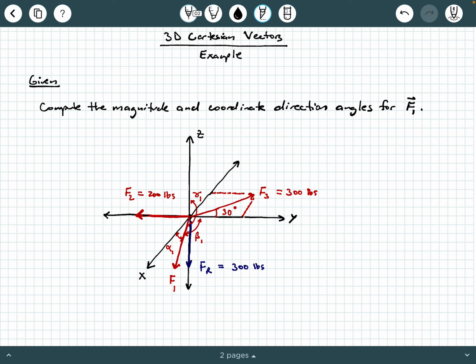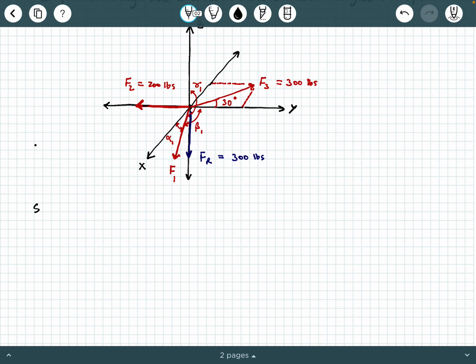So how do we piece this together? Well, we're going to start by saying solution, okay? So let's write the solution, and then we're going to say that the resultant Cartesian force vector is going to be equal to the sum of the forces in the x direction times i plus the sum of the forces in the y direction times j plus the sum of the forces in the z direction times k, okay?